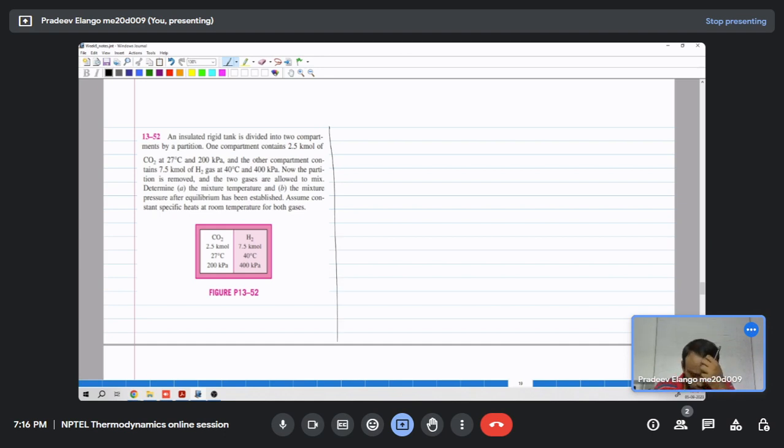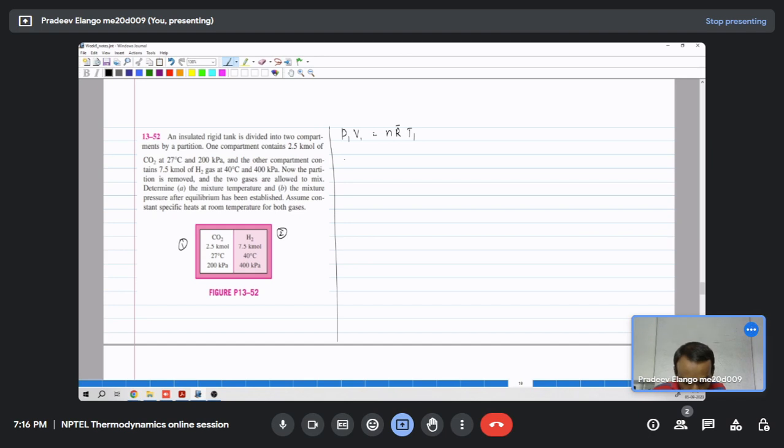So we have to calculate the equilibrium or mixture temperature and the mixture pressure at the end of the mixing. For this we will need the volume of the total mixture. So we can start by calculating the individual volumes. Say this is compartment 1 and compartment 2. For compartment 1, P1 V1 equals N R T1.